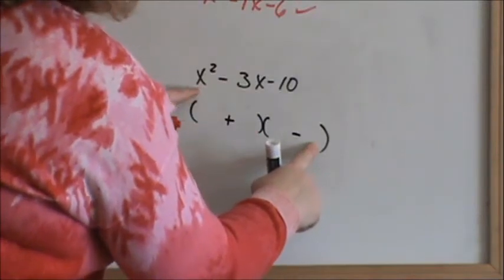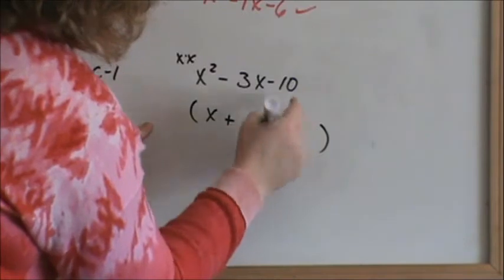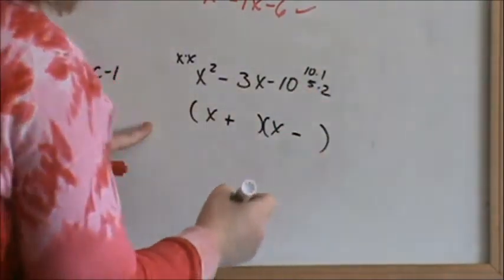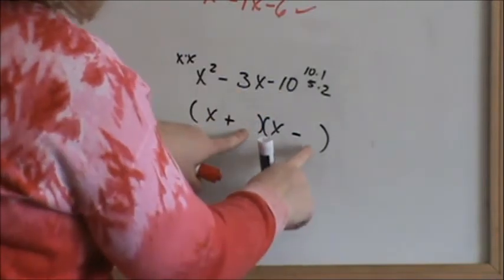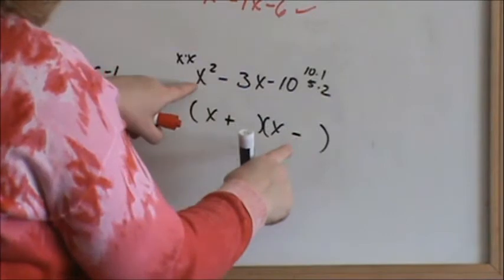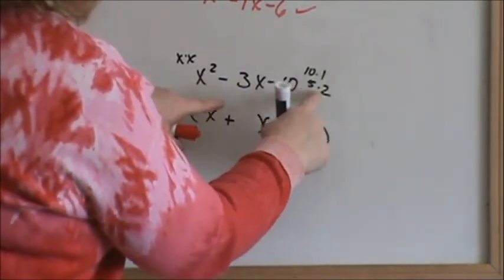Okay? Now look at my factors of x. X times x. Factors of 10. 10 and 1, 5 and 2. Okay? Since 1 is a positive and 1 is a negative, I will be subtracting. This only works when you have a coefficient of 1 right here. So 1's a positive, 1's a negative, which means you're subtracting them.